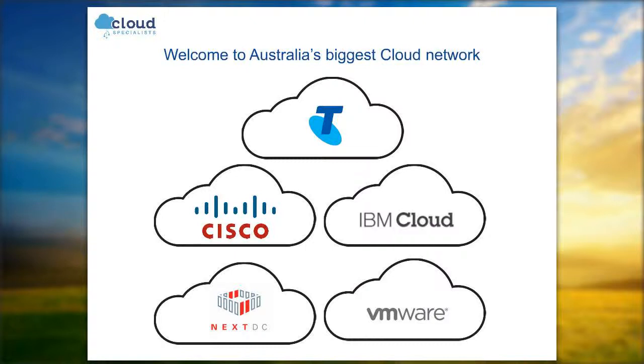Moving over to the IBM cloud. IBM cloud is called SoftLayer, and that is all focused around bare metal applications. So if you have an actual application that you want to run on that infrastructure and manage everything from the operating system upwards, then that would be the best cloud solution for you.